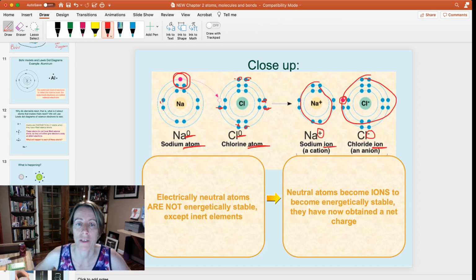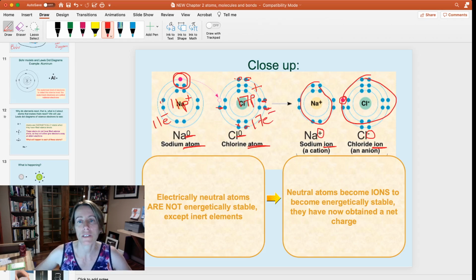So if we backtrack and think about our definitions, atoms do not have a charge. They cannot have a charge. The number of protons and the number of electrons is always equal. In fact, over here, there are 11 protons and 11 electrons in this atom, and over here, there are 17 protons and 17 electrons.